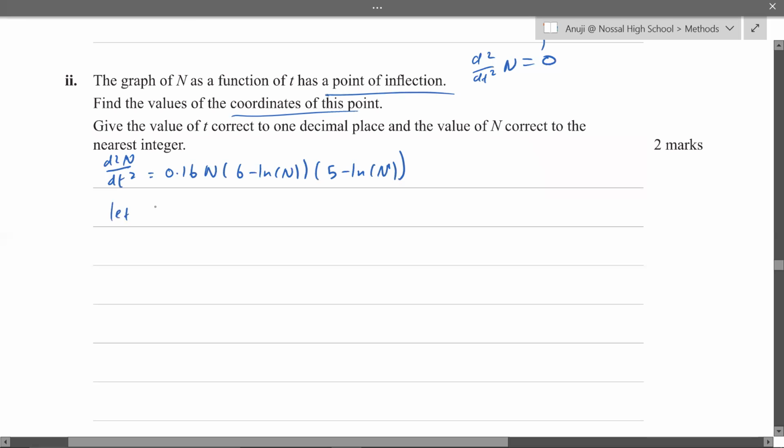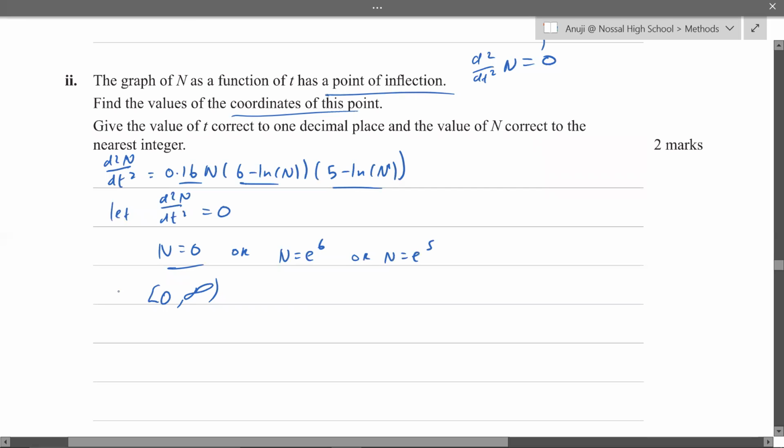So when you let this equal 0, n equals 0 or n equals e^6 or n equals e^5, just by null factor law.